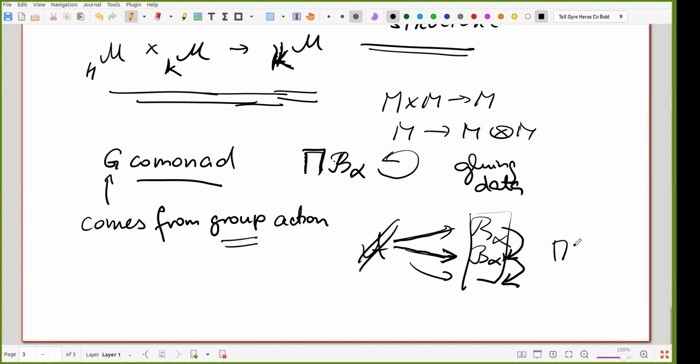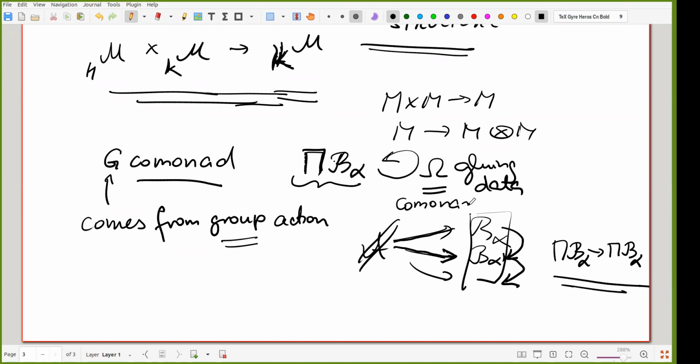So in general, I have a map from the product of B alpha to the product of B alpha. That's an endofunctor. It's a functor from the category to itself. So you have this big category, and all these maps together will form an endofunctor on this product. And this endofunctor will also have a co-multiplication. And this will be a comonad, the gluing comonad.